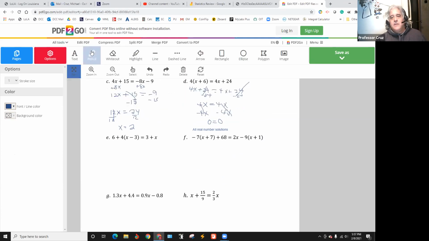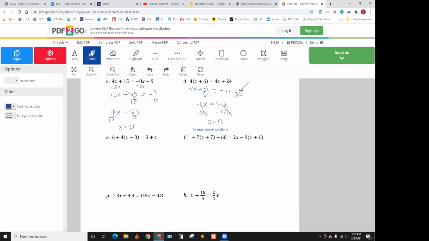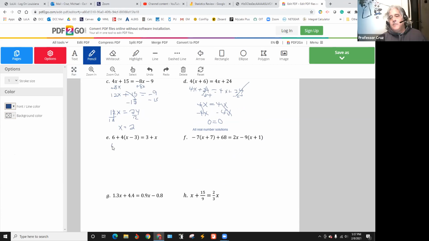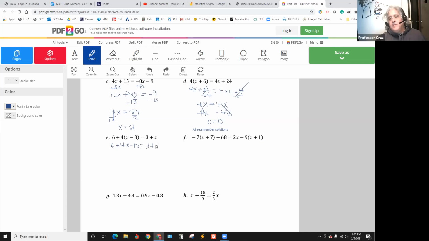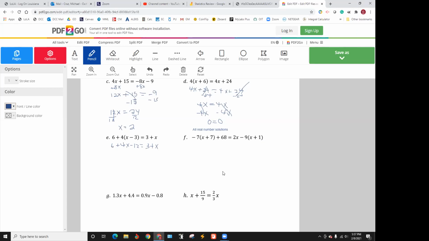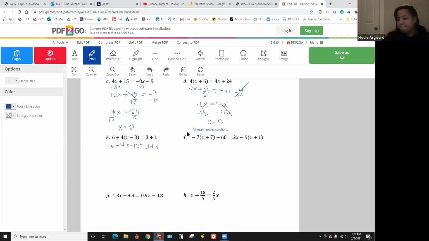Second set. For that one, I get x equal 3. Yes, I got 3. All right, so we have to put these together.